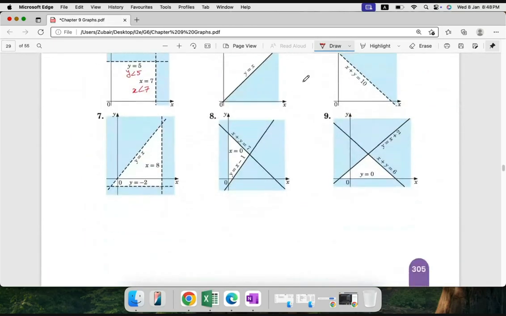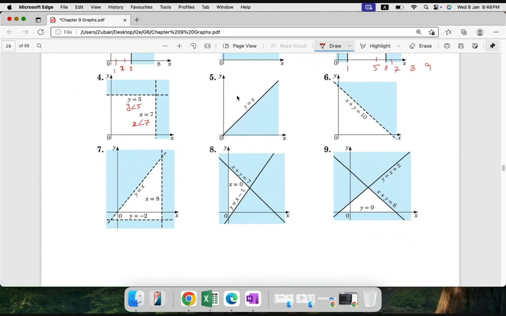So I'm looking at the region and I'm favoring y. So if the region is above the line, y is greater than whatever is on the other side. Similarly, look at question number 6, the region is below the line. So x plus y, I'm looking at y only. Y is less. Now this is a dotted line. That is why we are not putting the equal to sign. This is only less than.